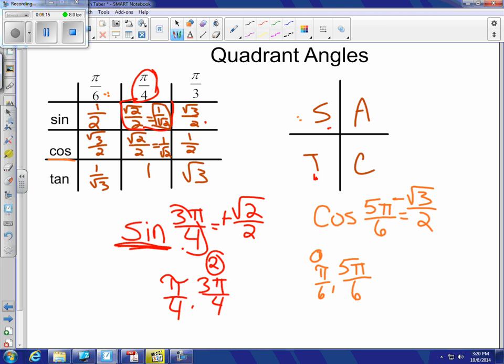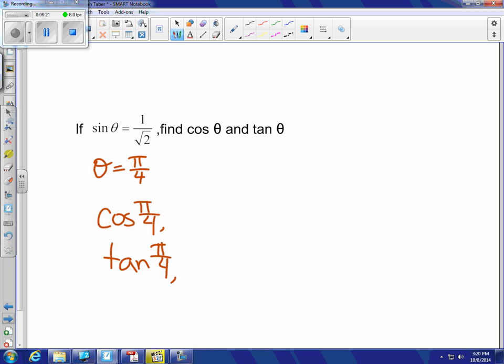If you go back to your graph, it's positive in the second quadrant too, right? So then we also have to find out what cosine of 3 pi over 4 is, and the tan of 3 pi over 4. Okay?